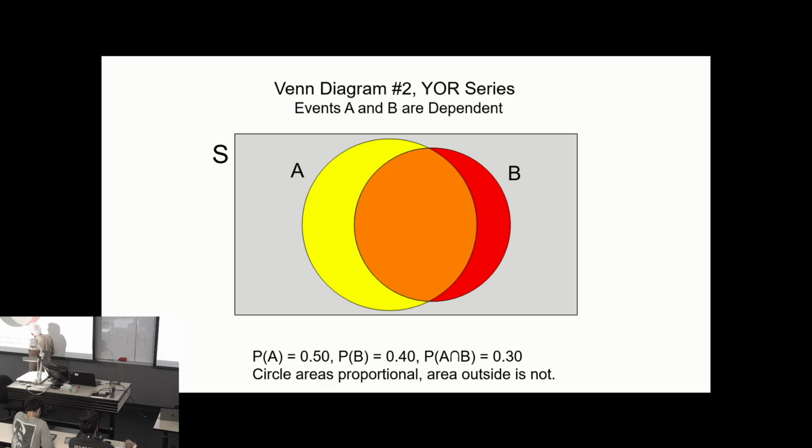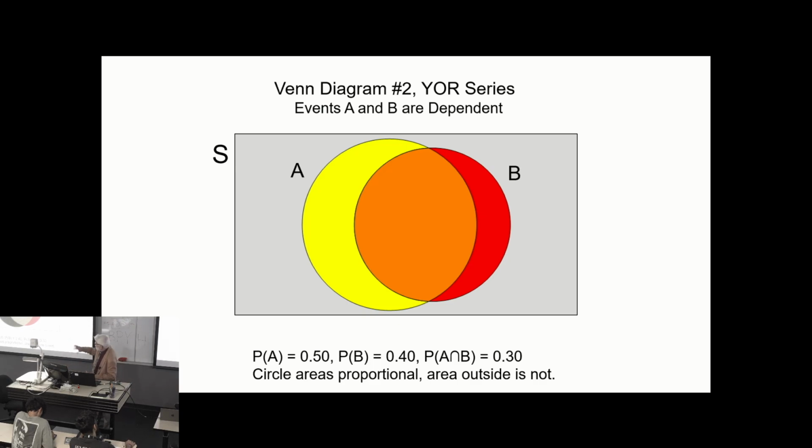Yes, they overlap, but there are areas where B occurs without A and A occurs without B. And again, you can go through and notice that there are 4 intersections here: A intersect B, A intersect not B, not A intersect B, or if you want to call it B intersect not A, that's the same thing. And then the gray is the not A intersect not B, or A complement intersect B complement.